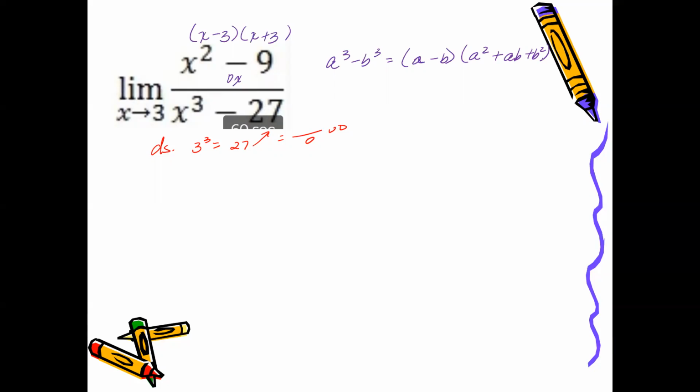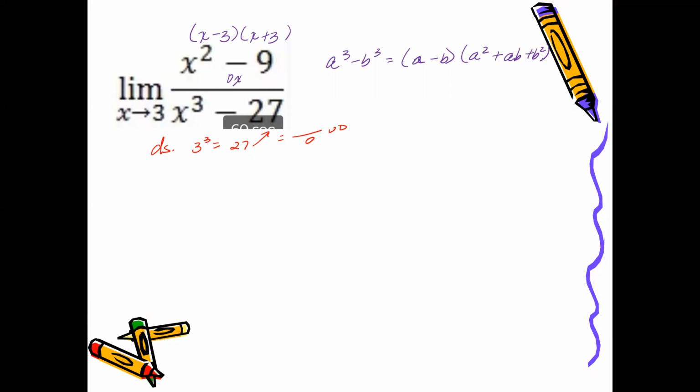And just to make sure that that is correct, I'm going to go ahead and check that. So factorization of cubes. Yes, that is correct. All right, just want to make sure.